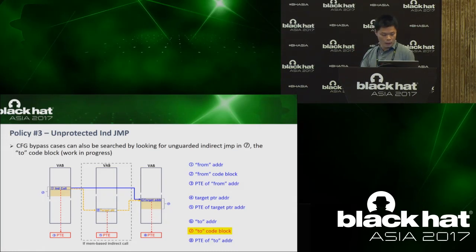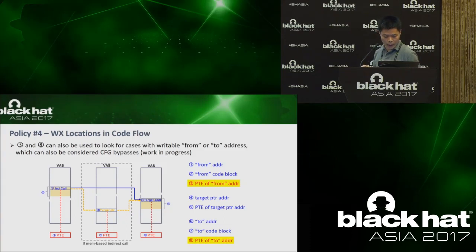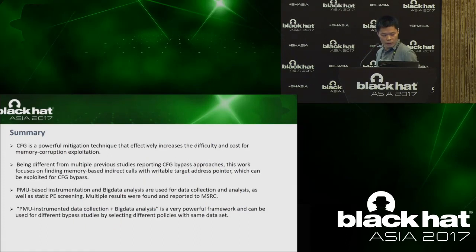And lastly, we can apply data number 3 and data number 8, the PTE of the from address and the PTE of the to address, to look for cases with both writable and executable memory addresses, which could also be considered a CFG bypass.